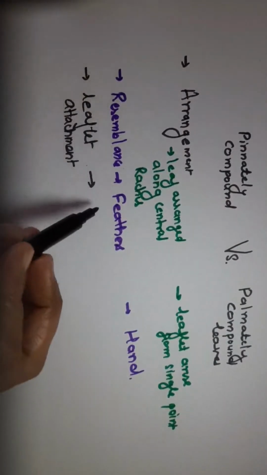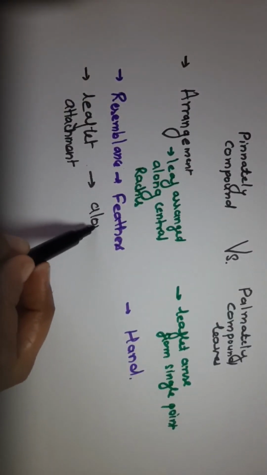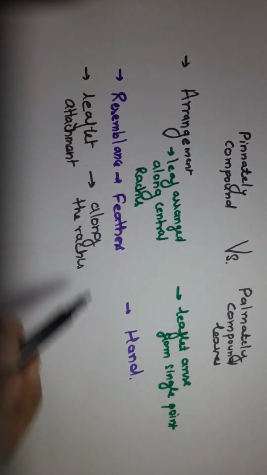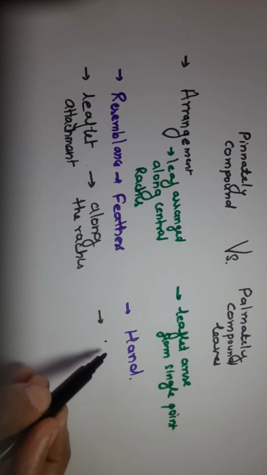The leaflets are attached, already told you, along the rachis, and in palmately compound leaf, the leaflets are attached at a common point.